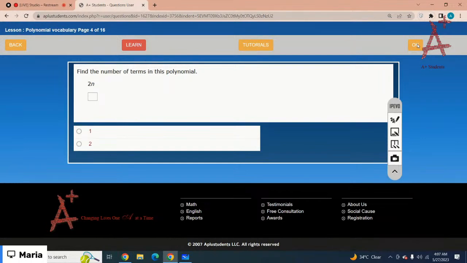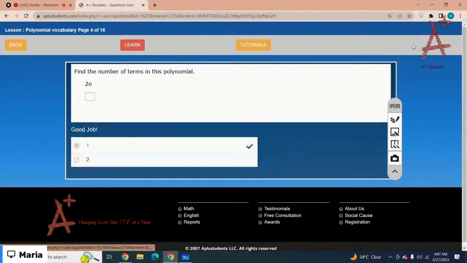Find the number of terms in the polynomial. The correct option is 1. You have only one term, no adding and subtracting, so it would be only one term.